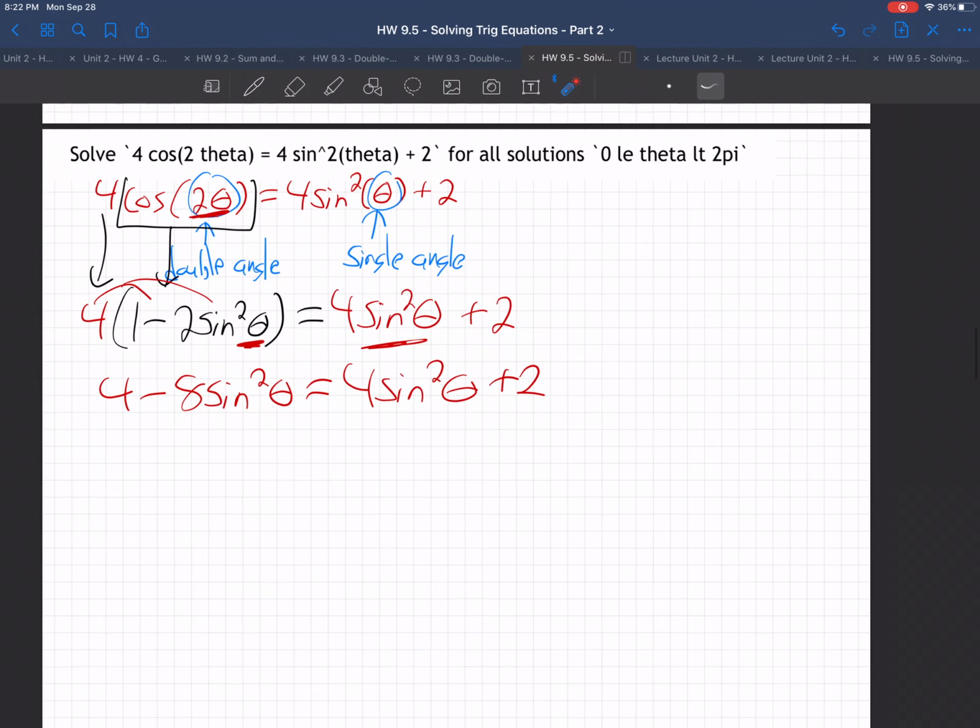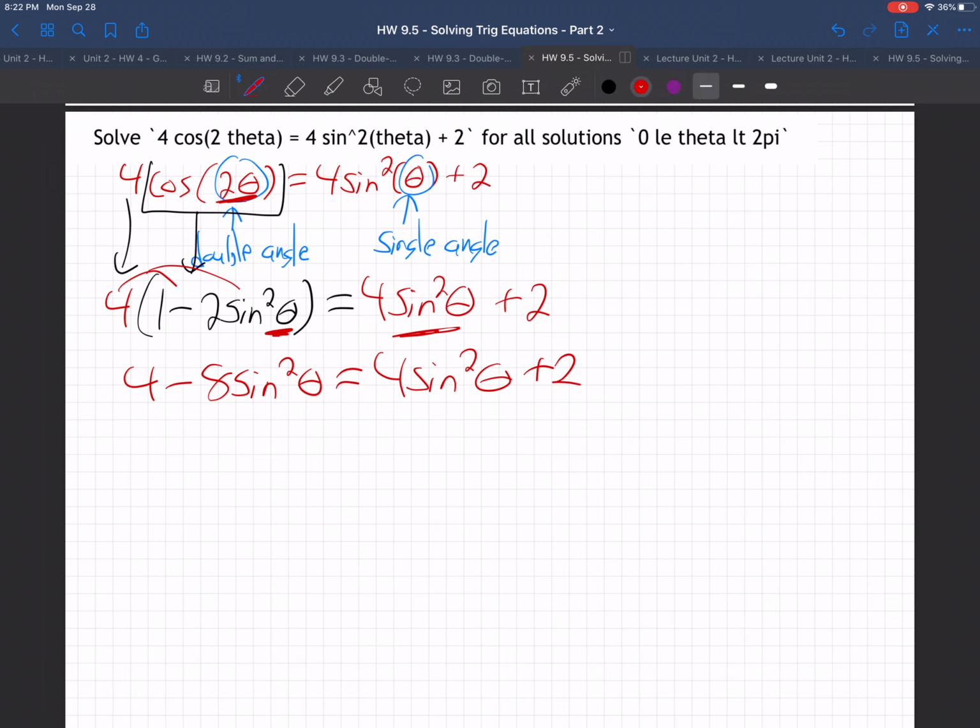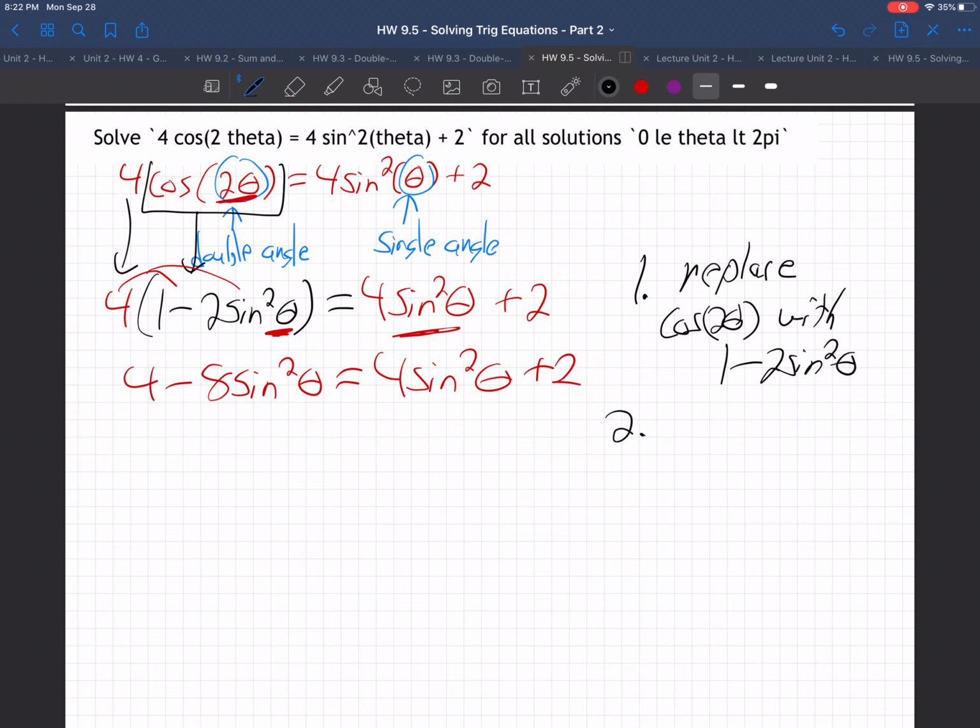I probably should have written out here. So step 1, replace cosine 2 theta with 1 minus 2 sine squared regular theta. We did that. Now step 2, get sine squared theta alone.